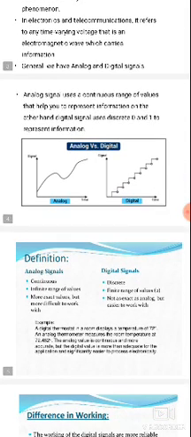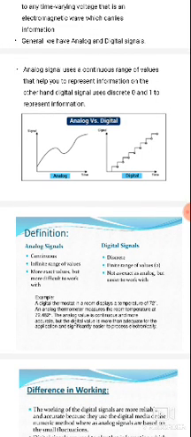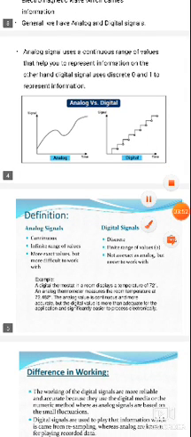Next, analog signals and digital signals are different types of signals. The analog signal uses a continuous range of values to represent information, whereas a digital signal uses only discrete values, 0 and 1, to represent information. Analog signals contain an infinite number of levels.